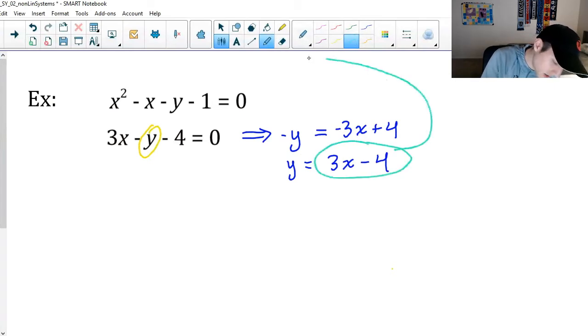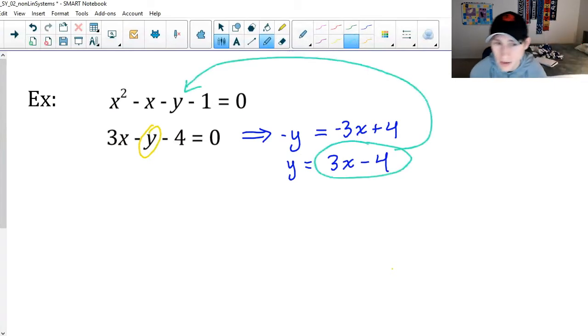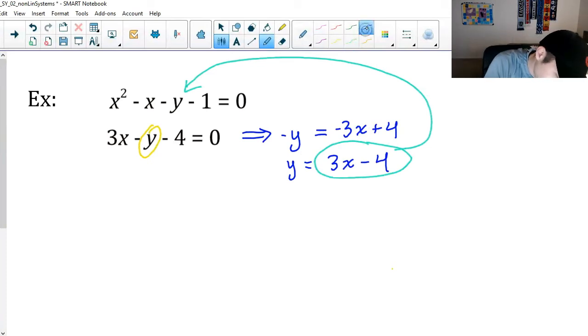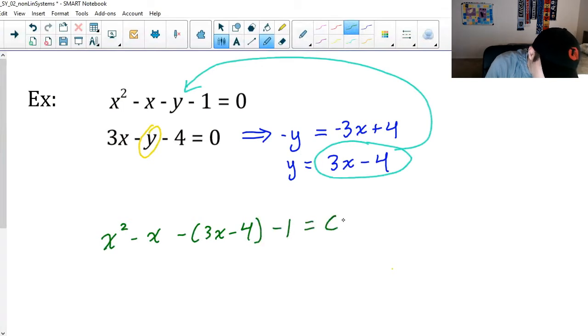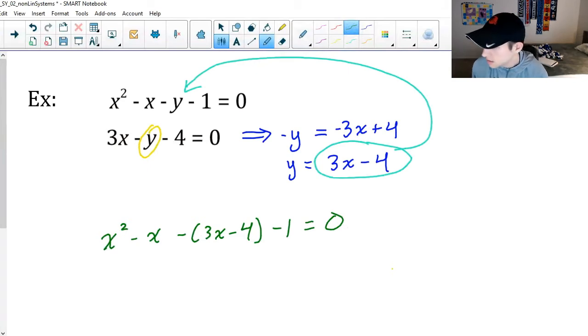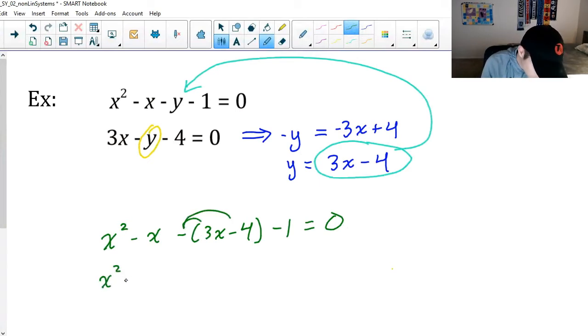And I'm going to take this now and substitute it into my first equation. x squared minus x minus (3x minus 4) minus 1 equals 0. Now it's just time to do some simplification. I'll distribute the minus sign to both of these: x squared minus x minus 3x plus 4 minus 1 equals 0.